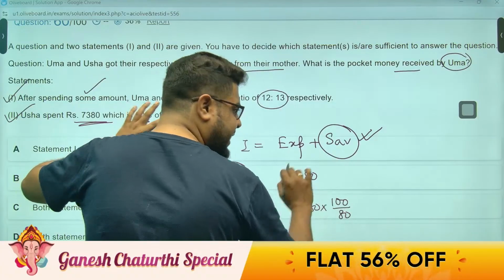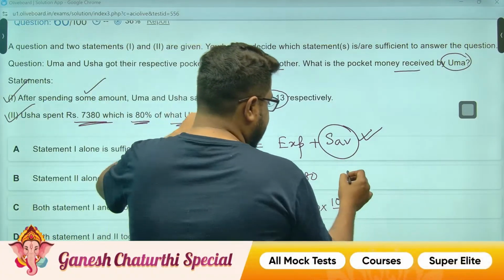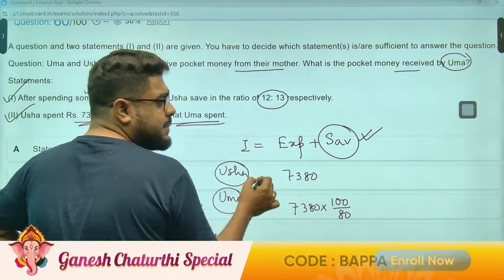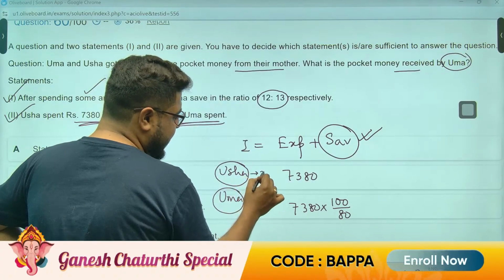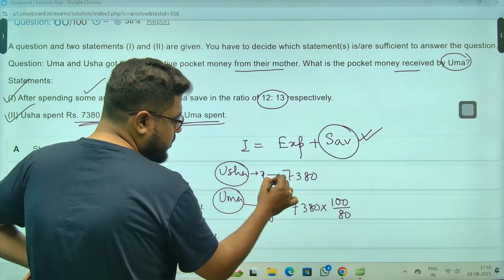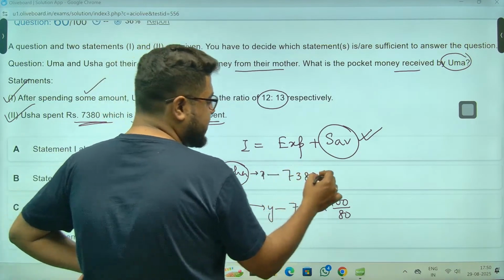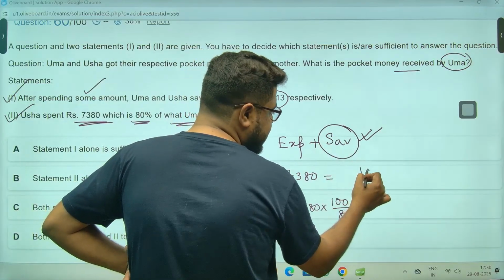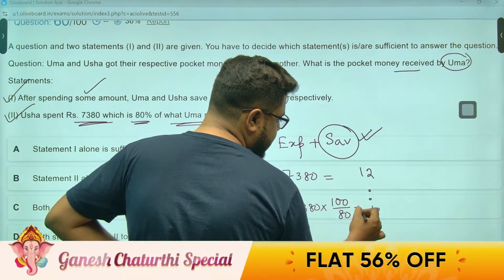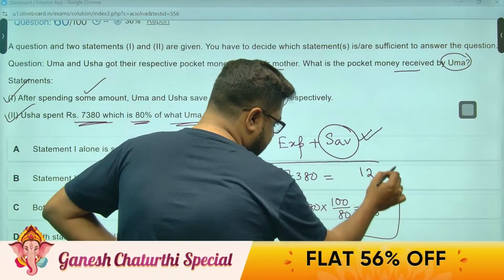Whatever, I don't want you to calculate. And this ratio, whatever this income is, I don't know. I'm taking something, X and Y. X minus this and this will be savings. This ratio is given to you.